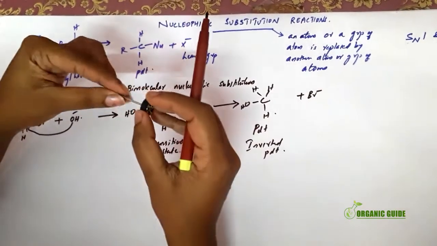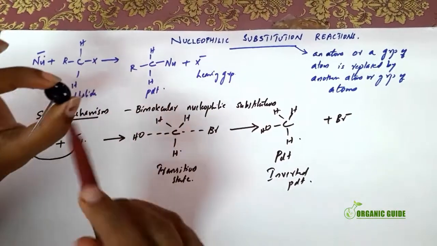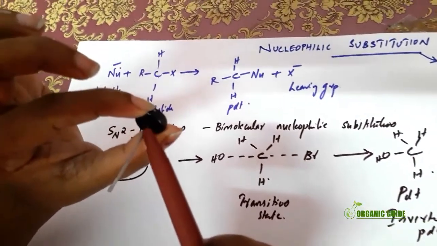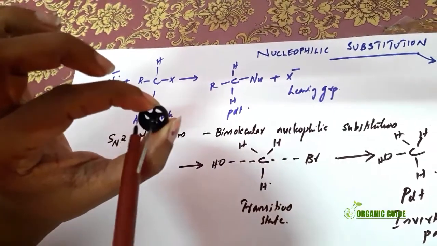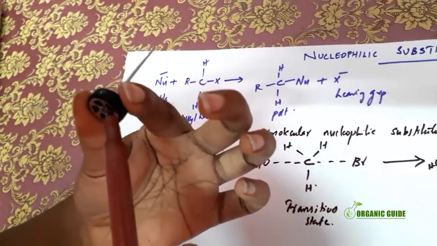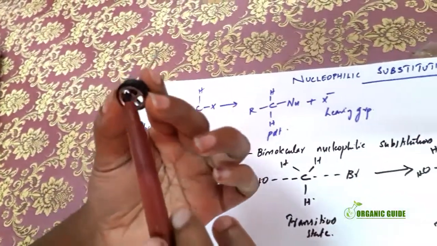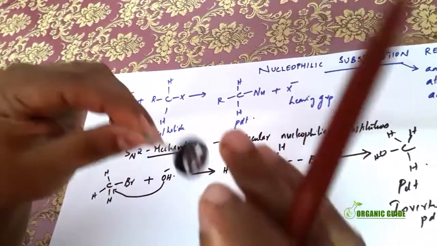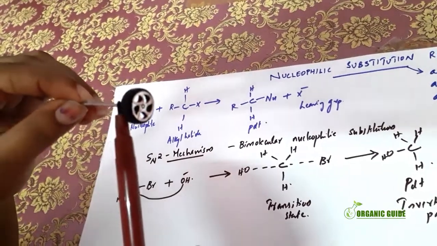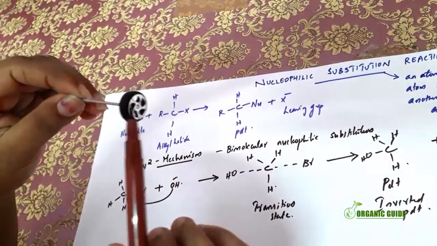I will show this with an example of a wheel. This central carbon is represented by this one, and the spokes of this wheel are the hydrogens attached to this carbon atom, and through this axle, the nucleophile as well as the leaving group will attach.